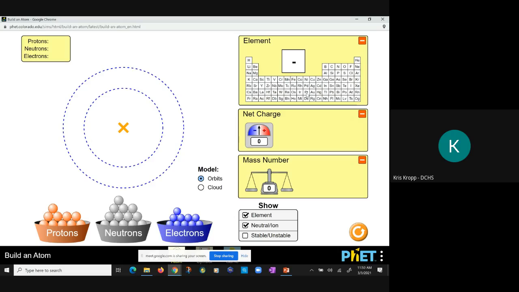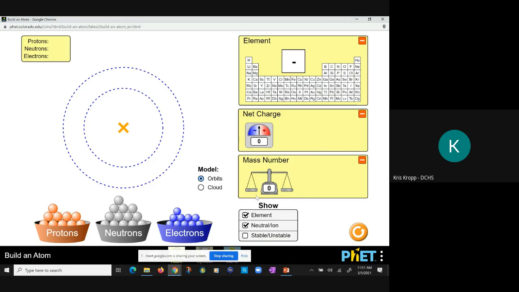We can't see any atomic numbers or anything like that, but it's going to help us to identify what element we're dealing with as we build the atom using the protons, neutrons, and electrons. This deal down here with the net charge is just going to help us to understand the charges of the subatomic particles by themselves, and then it's going to ultimately tell us if there's a charge on our atom, which means that it's no longer an atom, but instead an ion. Okay?